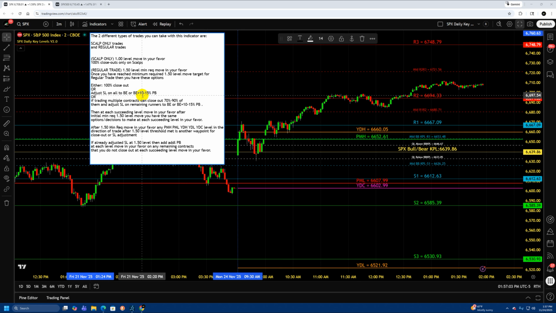For example, if you bought the option for 20, 10% of 20 is $2, so break even plus 10% would be $22, versus if you just wanted to move it to break even, then you would move your stop to 20. Or if you did 15%, 15% of 20 is 3, and you could move your stop loss to 23.